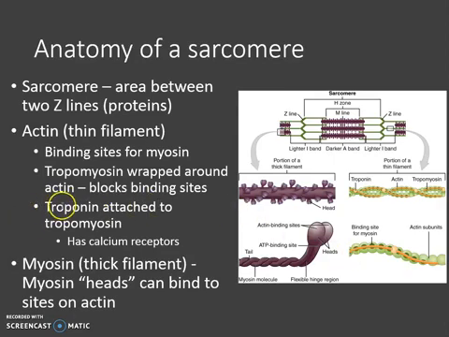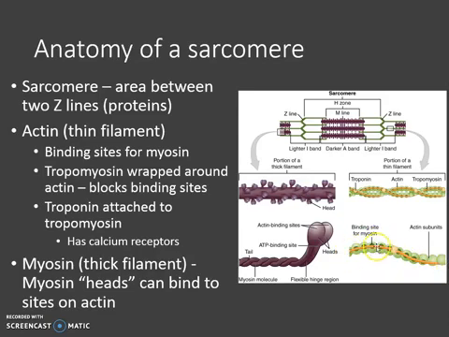That signal comes from troponin, and troponin reacts to calcium. So what happens to trigger a muscle contraction: an ion of calcium comes in and binds to troponin. When it does that, it changes the conformation of troponin, and troponin pulls on tropomyosin to move the filament out of the way.